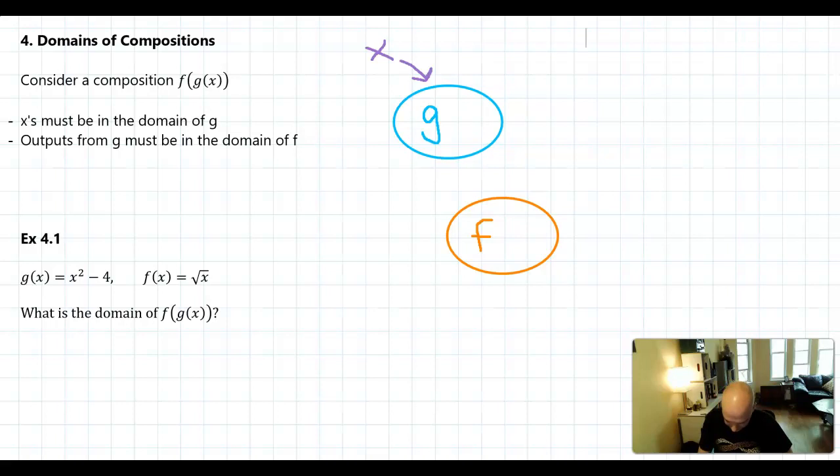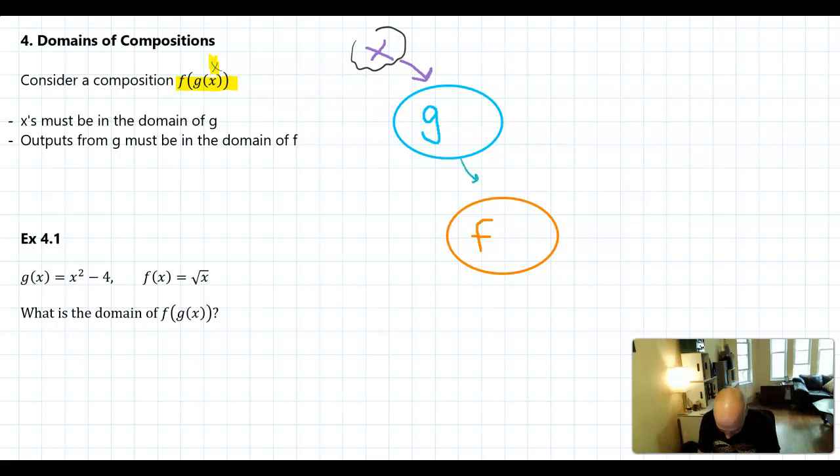I want to first look at this drawing. Sometimes it's really helpful to think about functions as machines with inputs and outputs. So I have some x floating out in space, and we're talking about f composed with g of x, or f of g of x. g is the inside function, which means it's the first function that x hits when it's going through this chain of functions. x goes into g, and then whatever g does, maybe it squares it, maybe it square roots it, maybe it takes the cosine of x, I don't know.